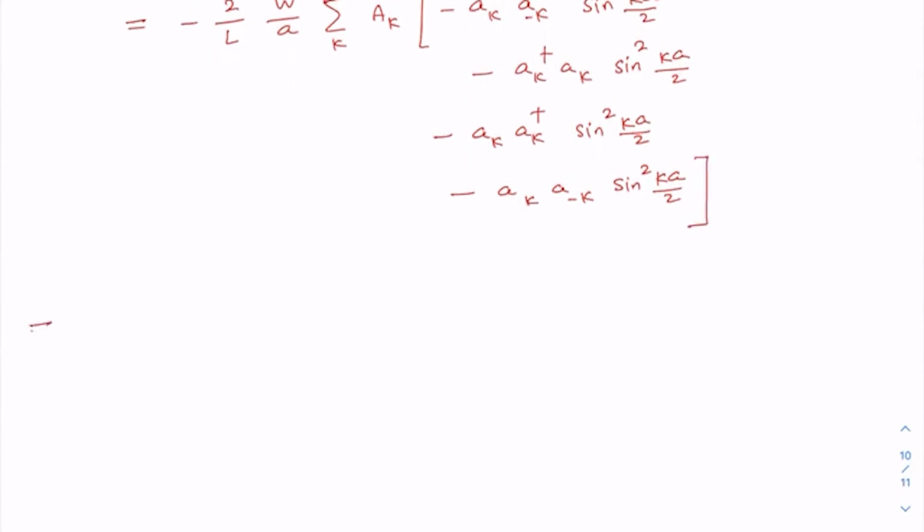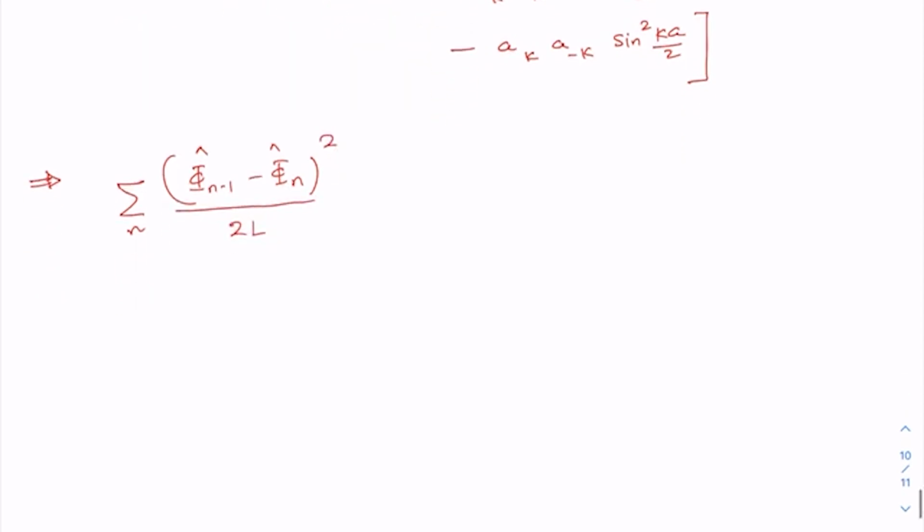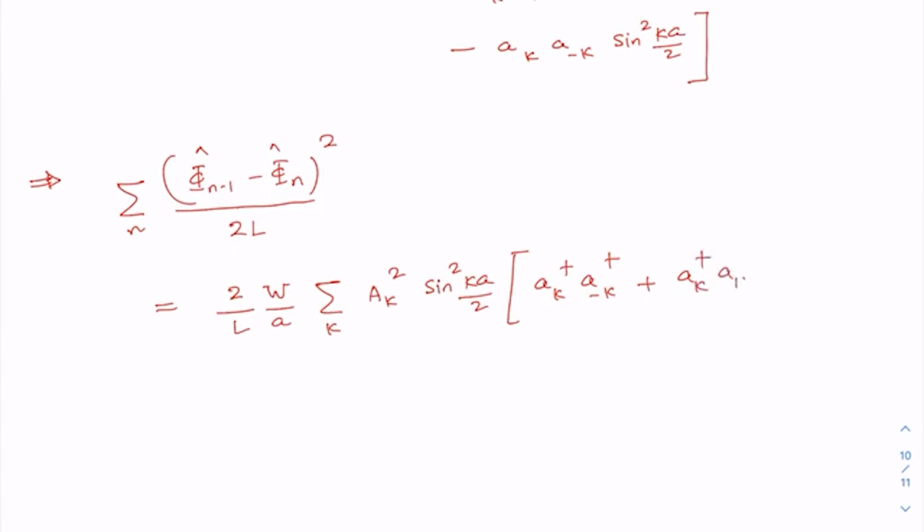So let me therefore finally write that I will get summation over n (phi_{n-1} minus phi_n) whole square, these are operators, divided by 2l, is equal to 2 by l W by a, sum over k a_k square sine square ka/2, and in the bracket you will get a_k dagger a_{-k} dagger plus a_k dagger a_k plus a_k dagger plus a_k a_{-k}.